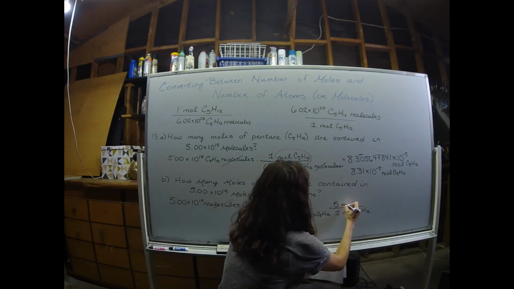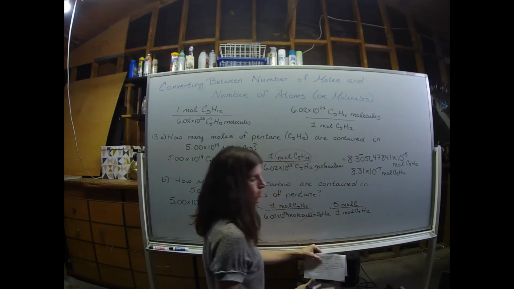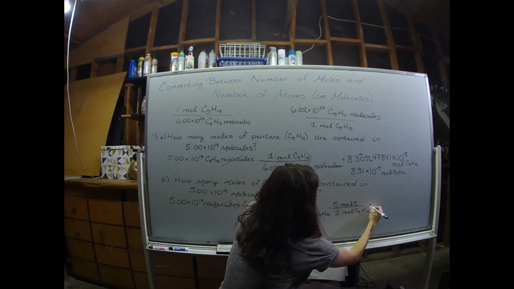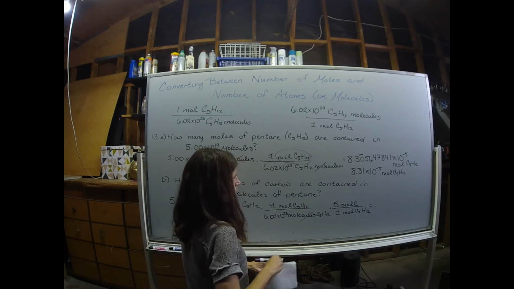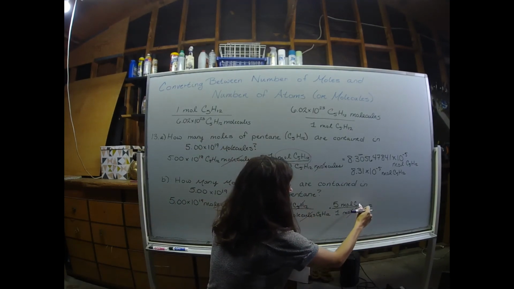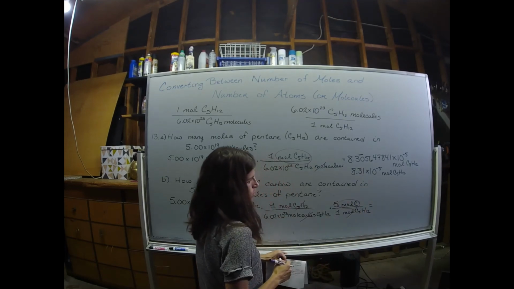That's basically another conversion factor that you can get directly from the formula. Now I'm going to cancel moles of pentane with moles of pentane, and I'm left with moles of carbon.